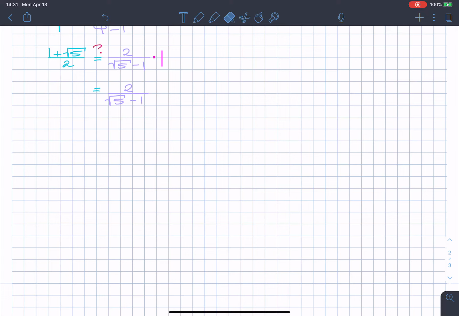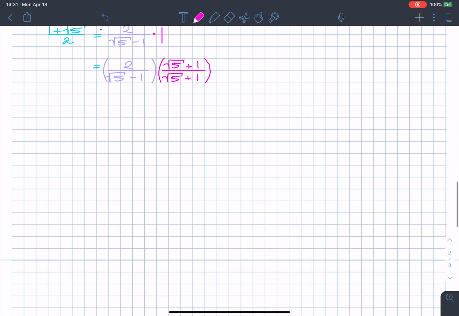And my trick is to multiply by the 1 that is the same as the denominator except with a positive sign. So I'm going to take the denominator, the square root of 5, and I'm going to add 1. I need to do that top and bottom because I'm multiplying by 1. So anything divided by itself is 1.